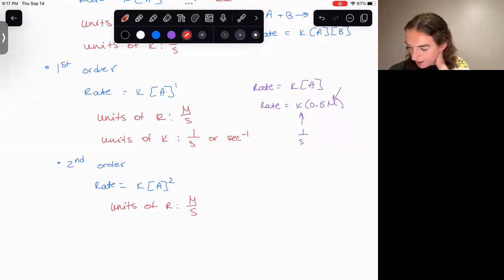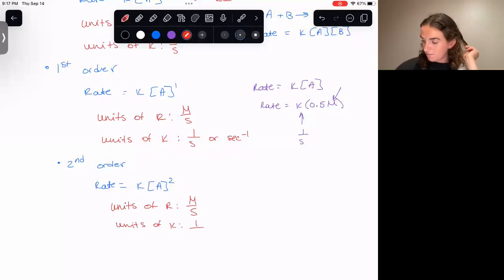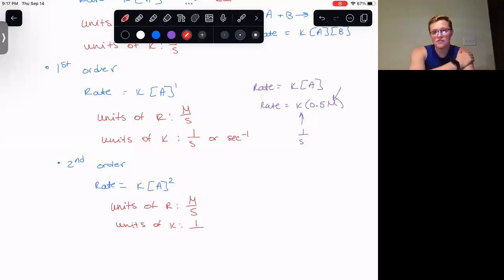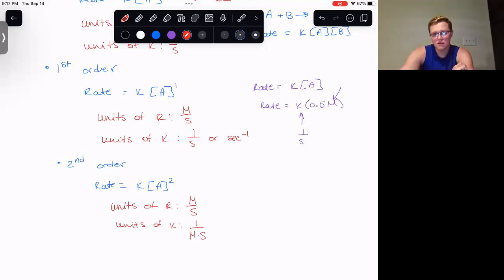And what are our units of k? One over s. One over seconds M. M times s. Perfect. M is just molarity, correct? M is just molarity. Yep, some sort of concentration.